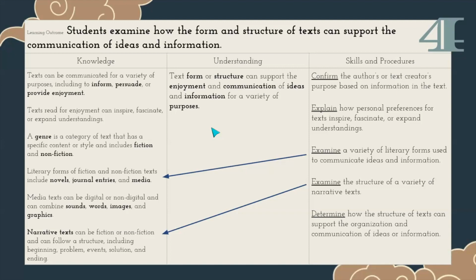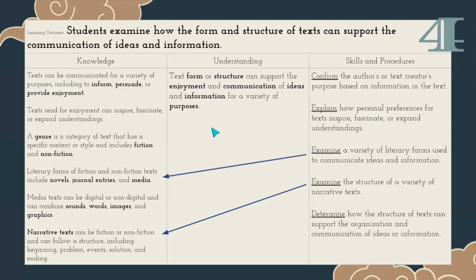All of the verbs have been underlined because the verbs tell us how deep we need to go with our instruction and the level at which we are expecting students to produce or explain their thinking. The verbs also communicate to us how we might capture that knowledge, because not everything needs to be a pen and paper task.